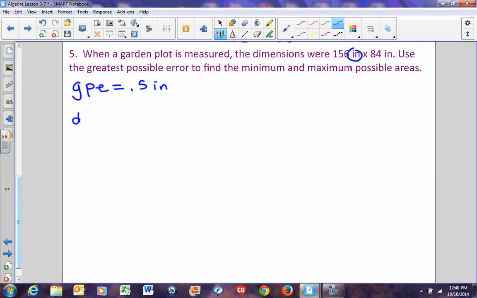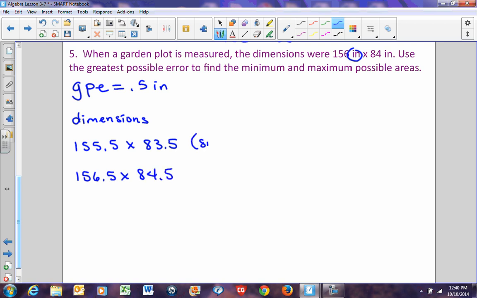The dimensions can be as small as 155.5 by 83.5, because we subtract half an inch from each of our original measurements. Or they can be as large as, if we add half an inch to each of those measurements, 156.5 by 84.5. So this would be the smallest, and this would be the largest.